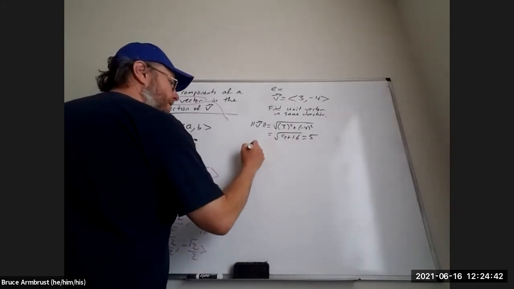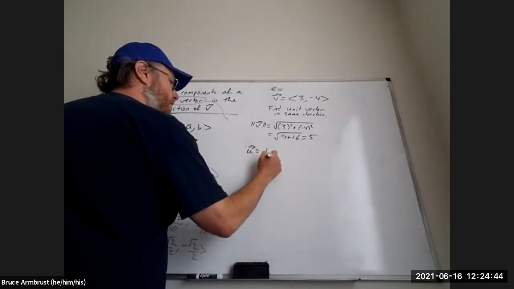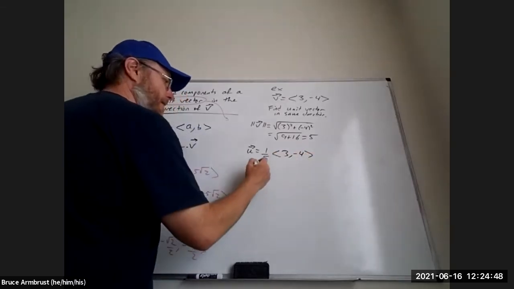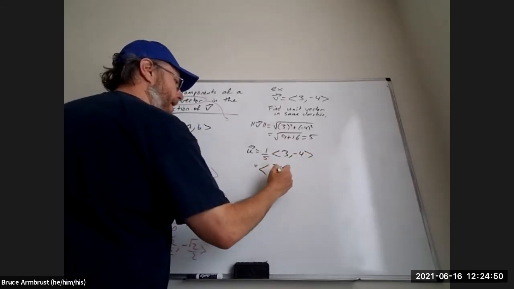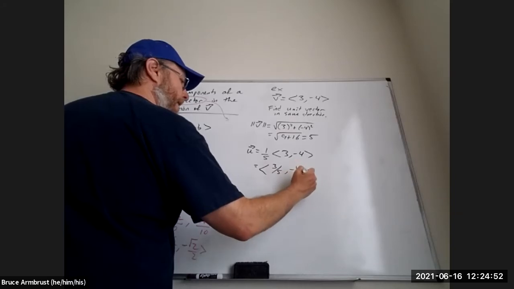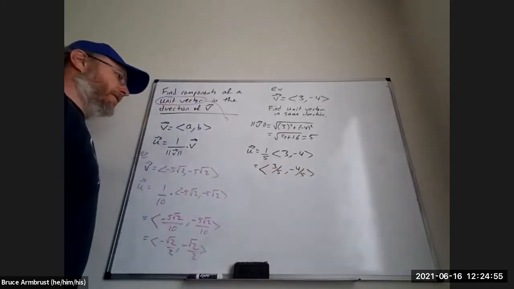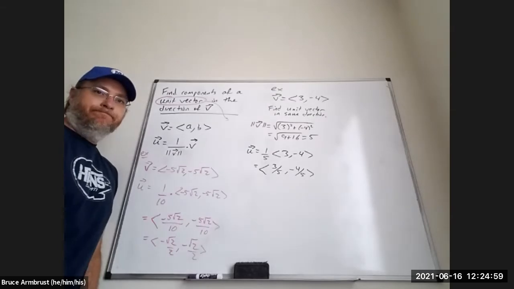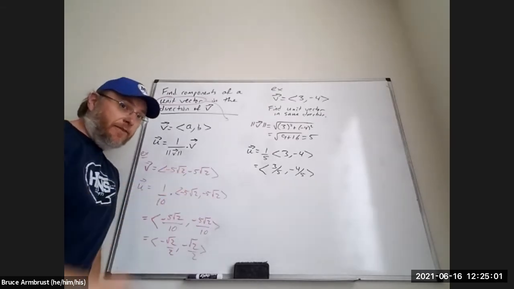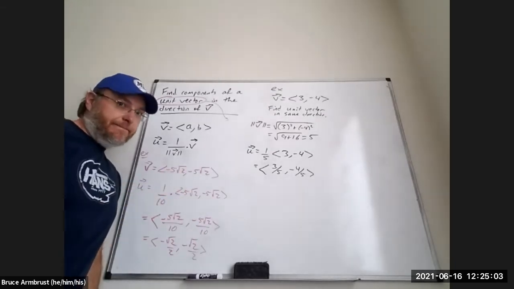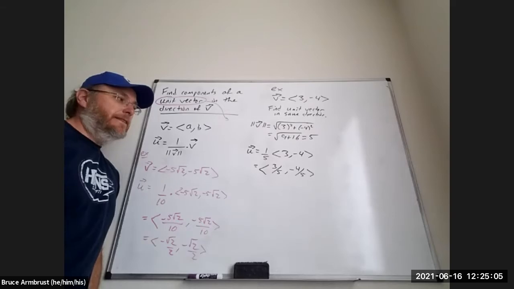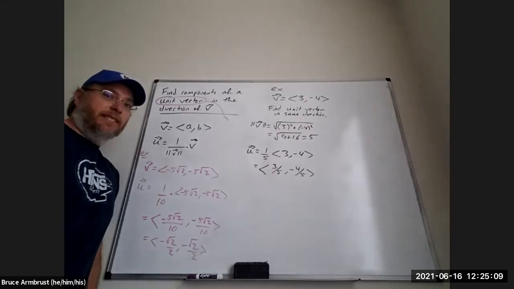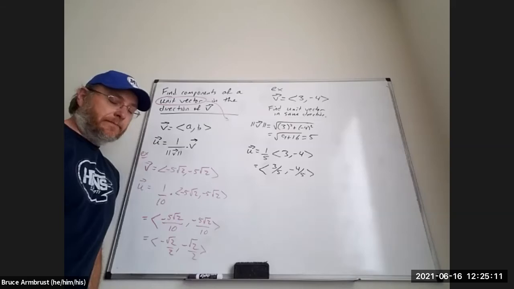So our unit vector then is going to be 1/5 times <3, -4>, which is <3/5, -4/5>. So that vector has length 1, I promise. You can try it out for yourself. But that's got length 1, and it's pointing in the same direction because it's just a scalar multiple.